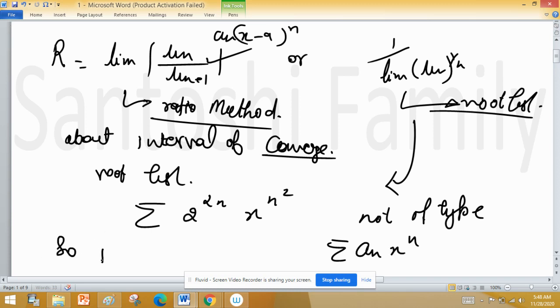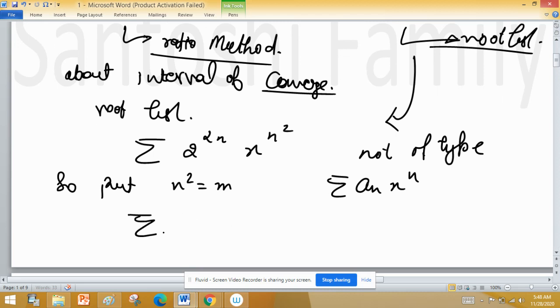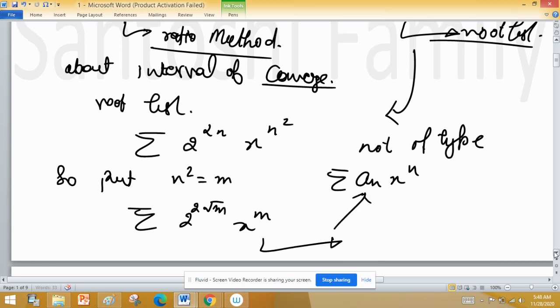So put n square equal to m, and then this series can be written as summation 2 raised to the power 2 root m x raised to the power m. Now this is much more similar to that form. Now apply the root test.